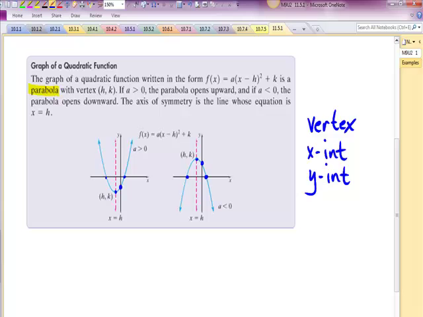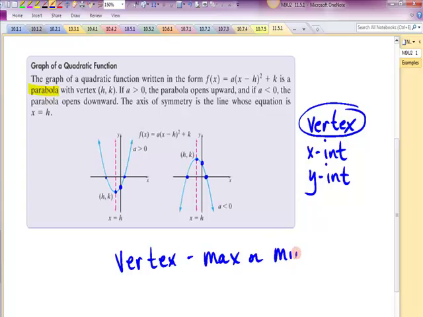In our class, all we're really going to focus on is the vertex. The vertex, because it is a special point, we don't just call it x y. It is the maximum or the minimum point, and instead of calling it x y, we have special letters. We call it h, k. The h is the x coordinate of the vertex, the k is the y coordinate of the vertex.